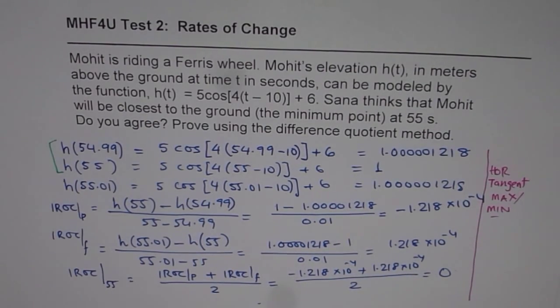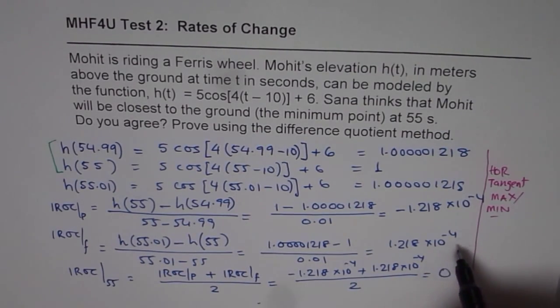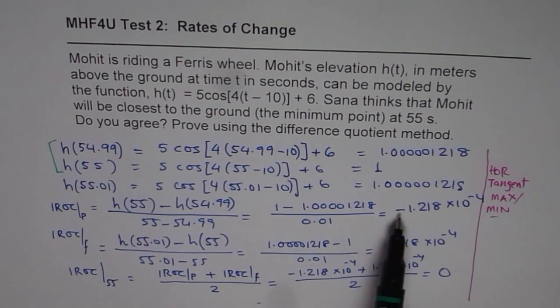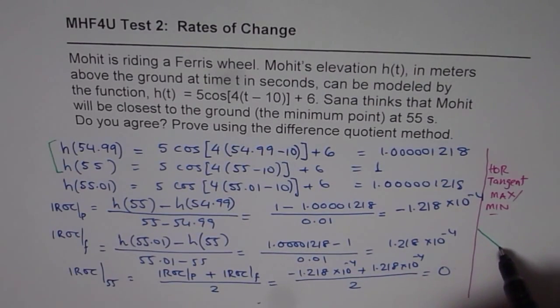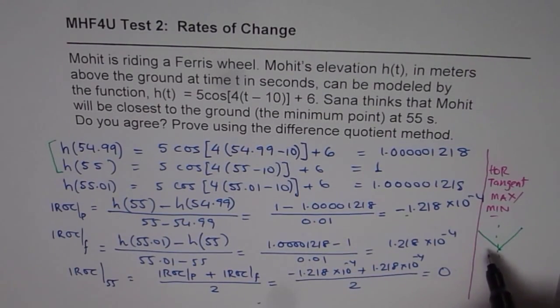Now, since we have a situation where the preceding rate of change is negative, this is, let us say, 55, correct? So the preceding was negative and the following is positive. Since the rate of change is changing from negative to positive, we have a minimum in this case, right?